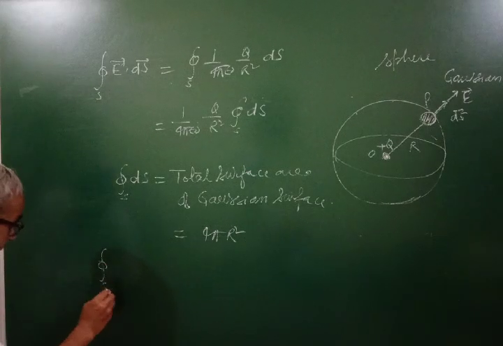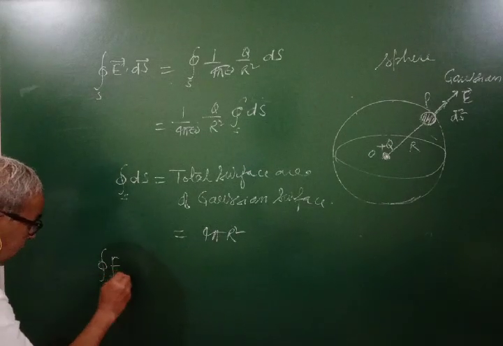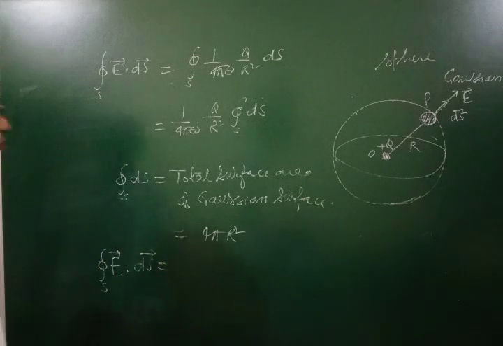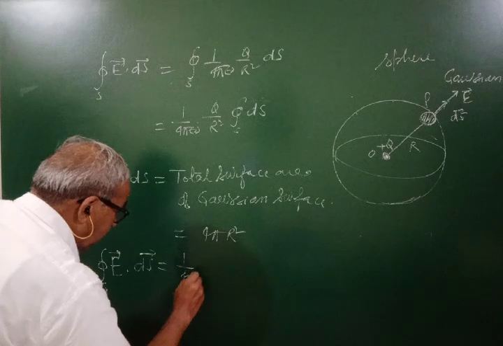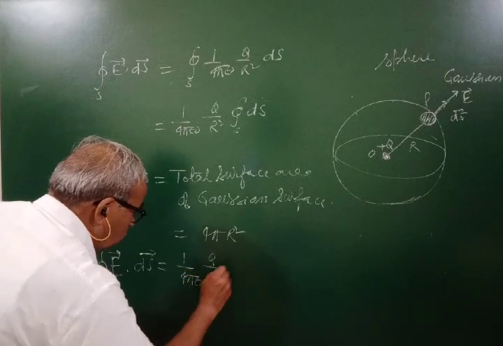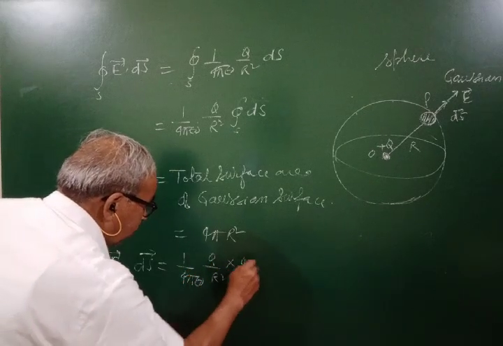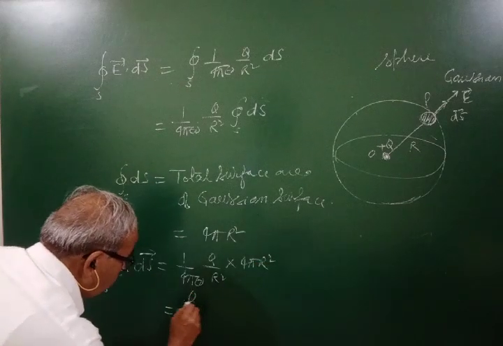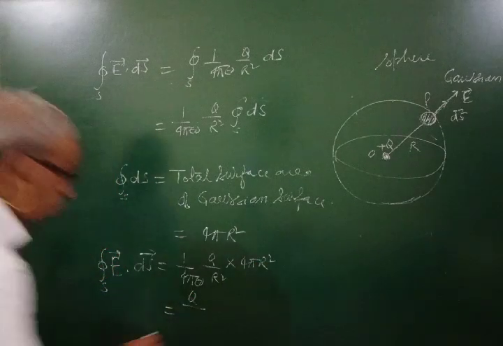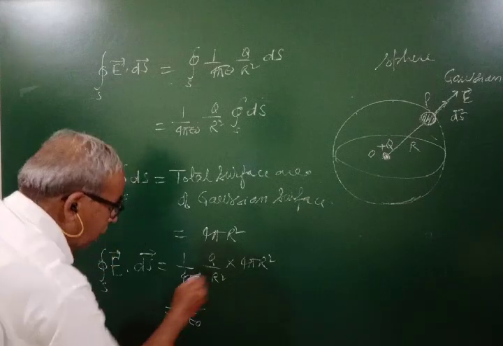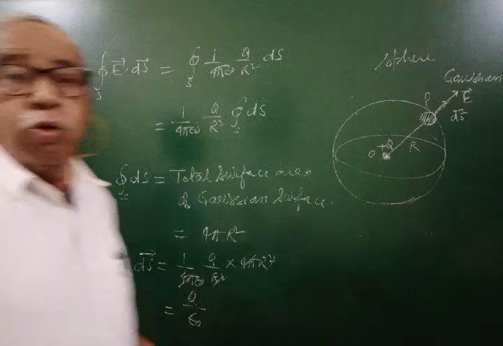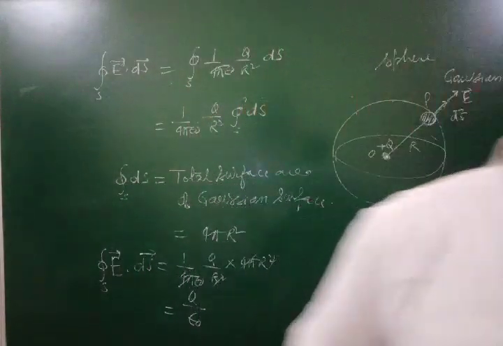And therefore integration over S of E dot ds is equal to 1 upon 4 pi epsilon 0 Q upon r square into 4 pi r square. So the only thing left is Q upon epsilon 0. 4 pi cancels, r square cancels. So that way we can prove Gauss theorem using Coulomb's law.